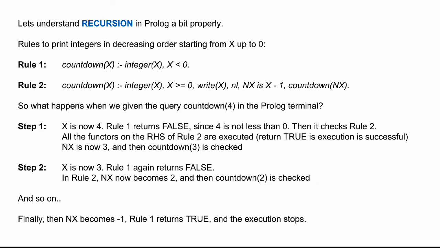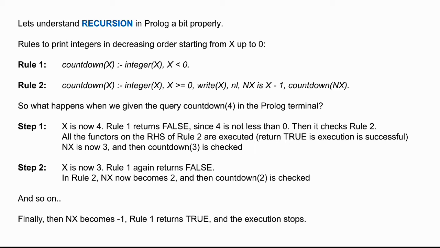So what does rule 2 do? Rule 2 first checks whether X is an integer or not, then whether X is greater than or equal to 0 or not. As long as it is greater than or equal to 0, it will write X, and then it will make X 1 less, assign it to NX, and then call the countdown function again with the updated value of NX.